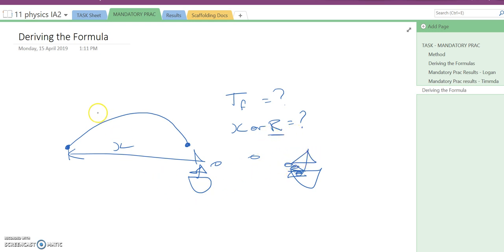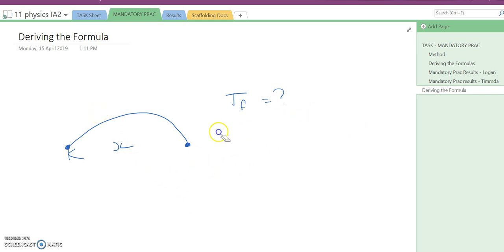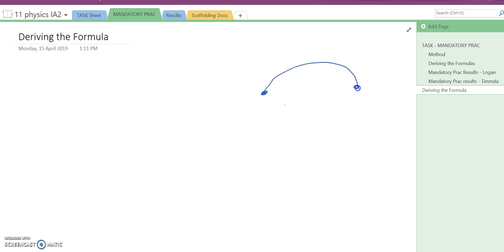So how do we go about sorting all this stuff out, all these formulas, and how do we then rearrange a formula to get what we want? Well, if we look at this ball bearing again, this time of flight, there's something that we can assume in here: the total time of flight, TF, is 2 times the time it takes for the ball bearing to drop from here to here.